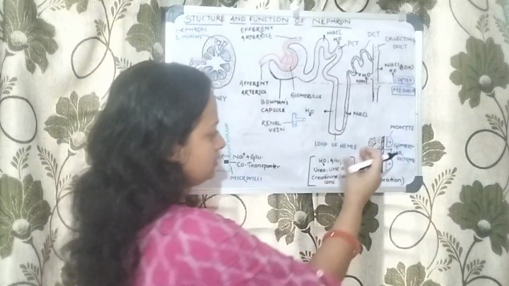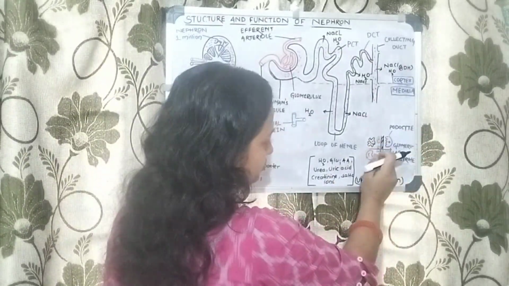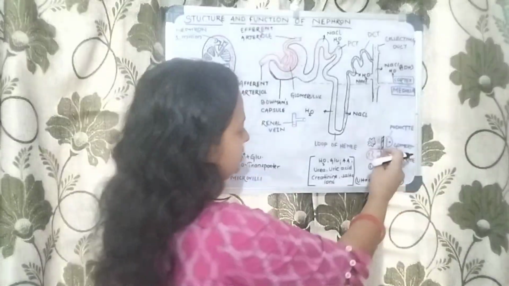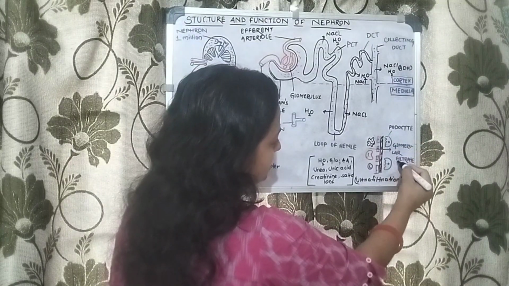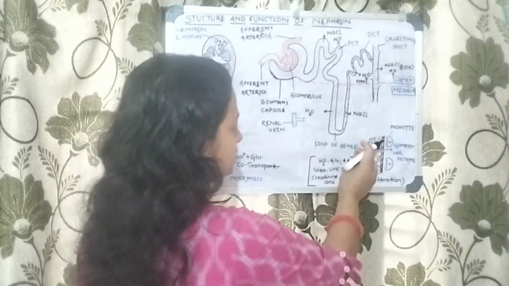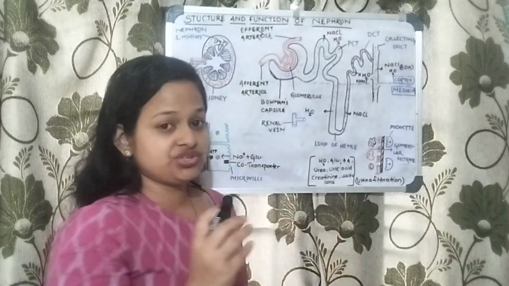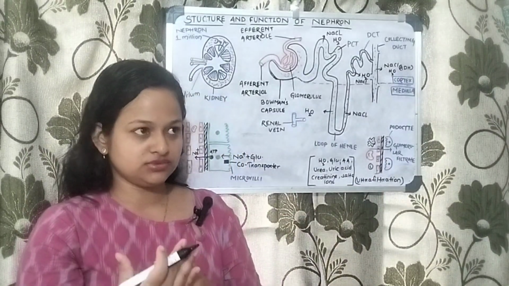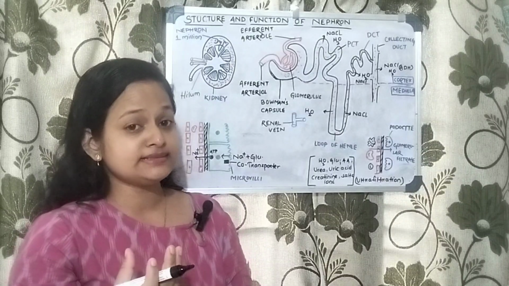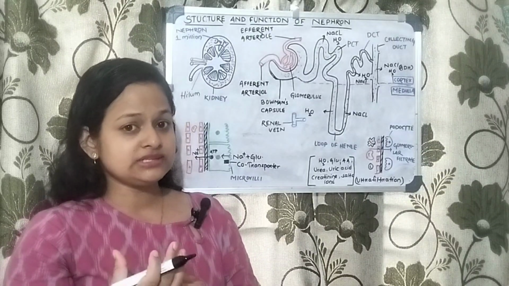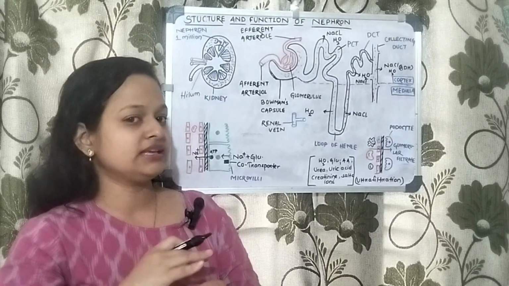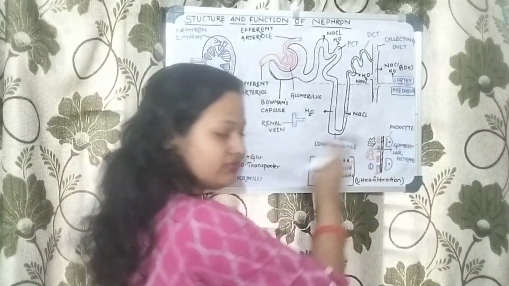The solutes that can pass through this membrane are known as the glomerular filtrate. And the rest of the residues, that are the large sized proteins, some corpuscles and large sized molecules, cannot pass through this basement membrane.